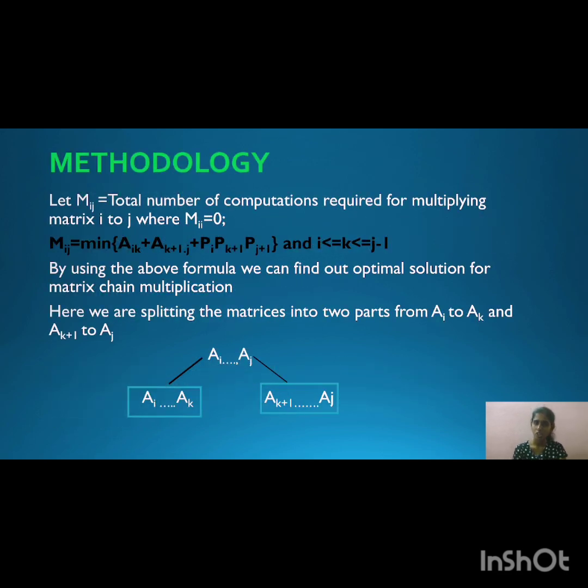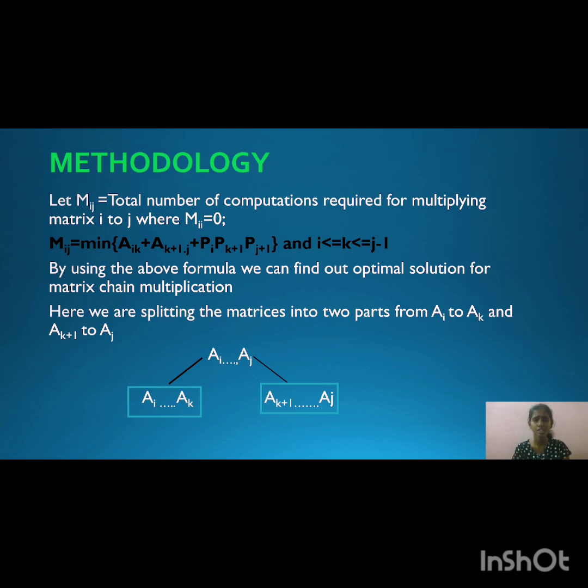So what is the methodology used in this case? For Mij of the matrix where Mii is equal to 0, we use the formula Mij is equal to minimum of Mik plus Mk plus 1 into j plus Pi into Pk plus 1 into Pj plus 1, where P is the dimension of the matrix and A1, A2, A3 are the matrices.